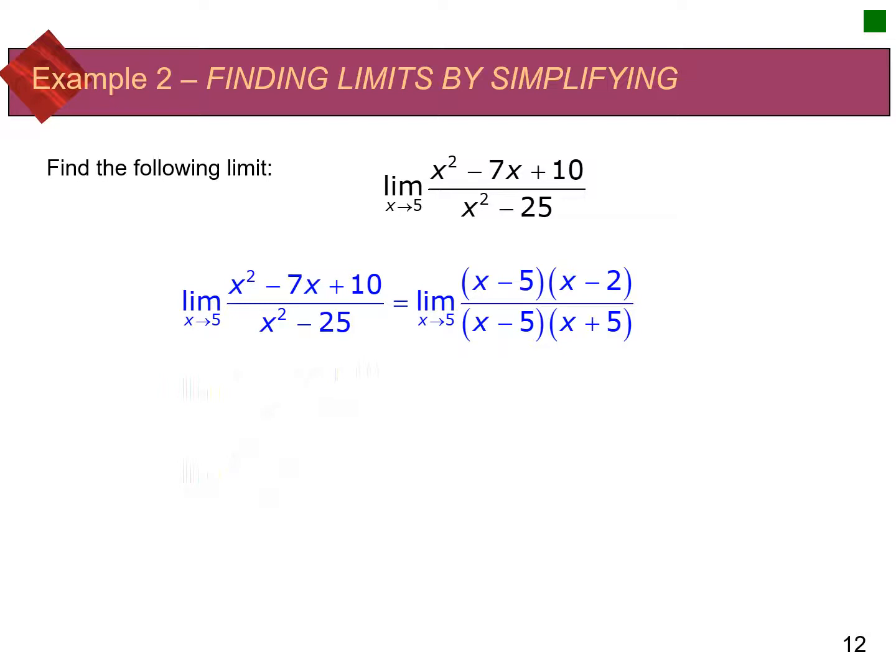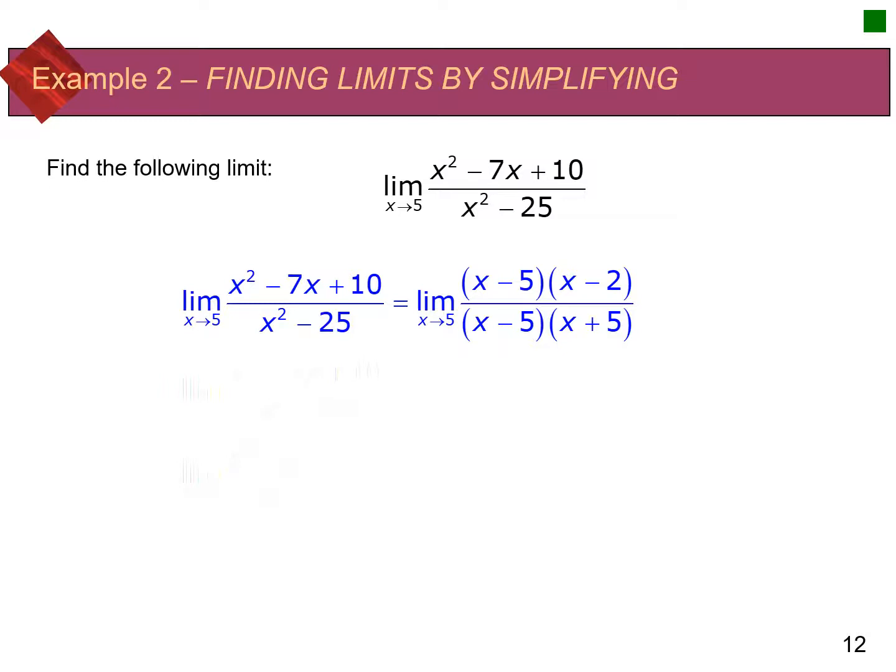On the bottom, I do have a difference of squares, and that should be an easy factoring for you because the difference of squares always factors into two conjugates. I have x, I have the same constant in the last position. The only thing that's different is one has a plus and one has a minus sign.